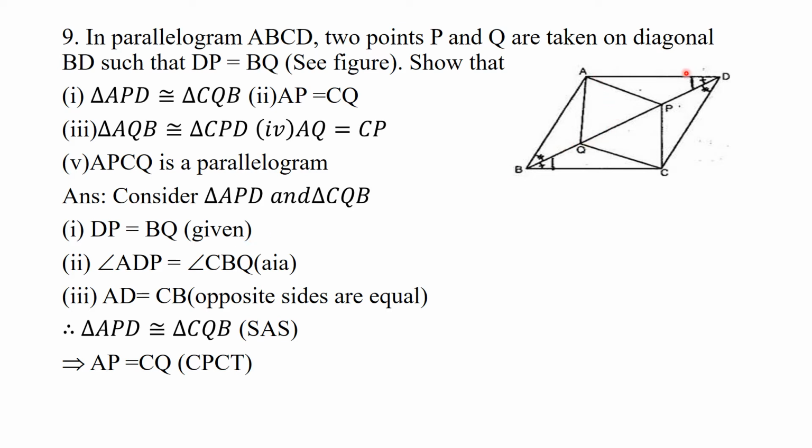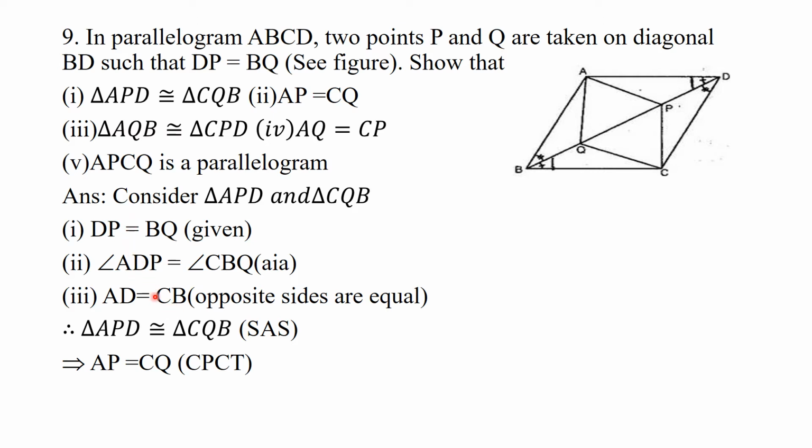Now, angle ADP is equal to angle QBC using alternate interior angles are equal, and we can write opposite sides of a parallelogram are equal, and therefore AD is equal to BC.